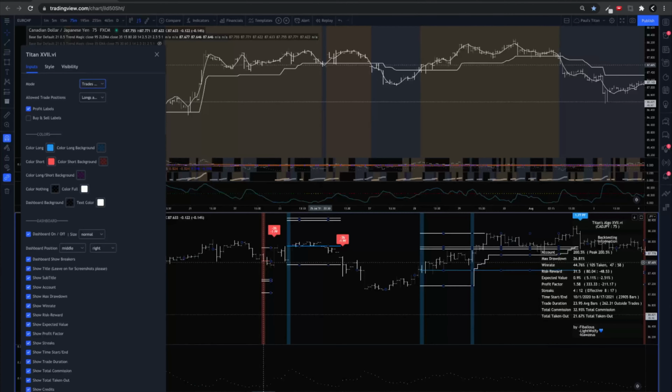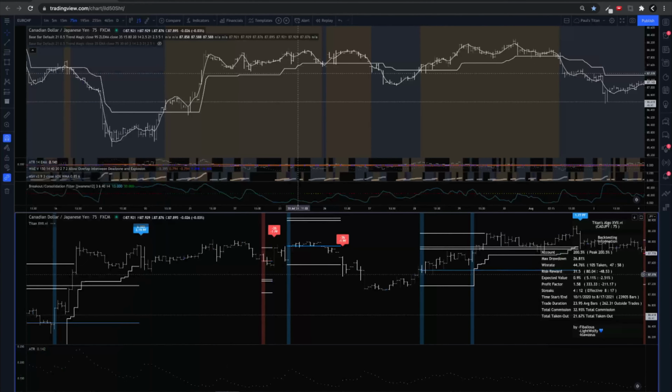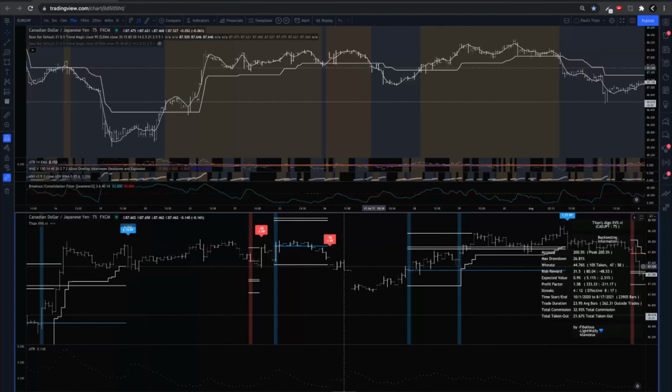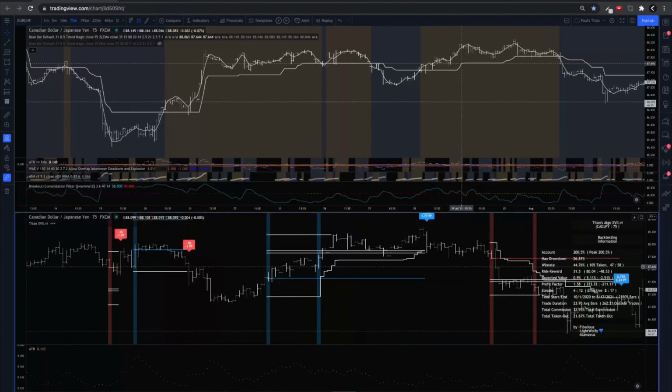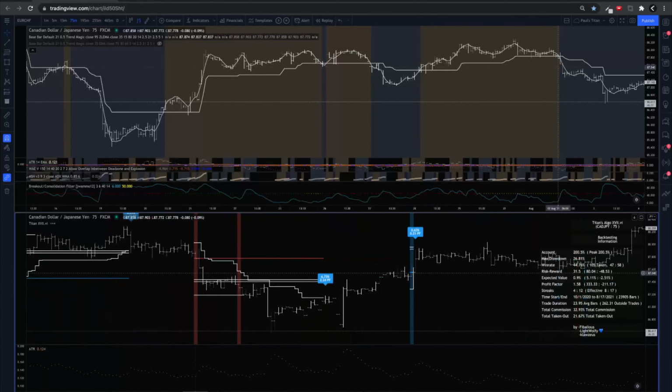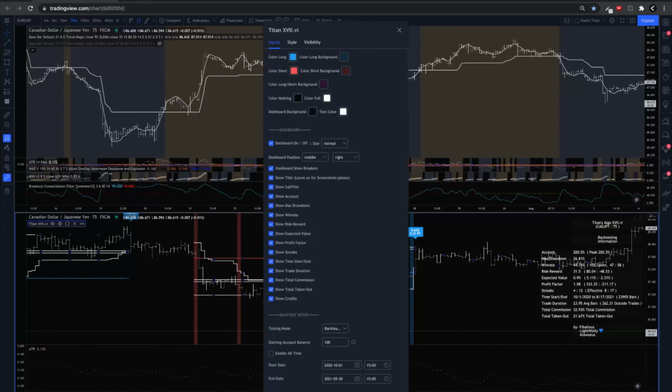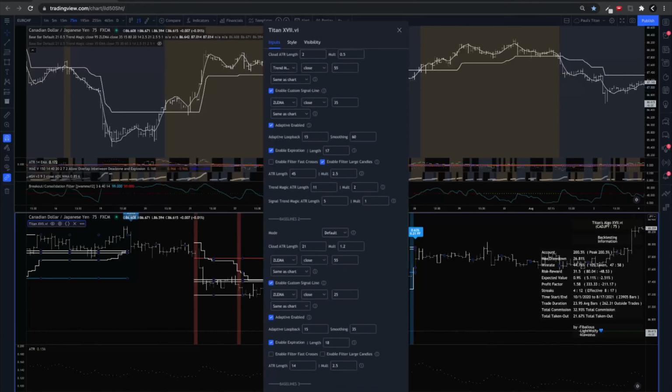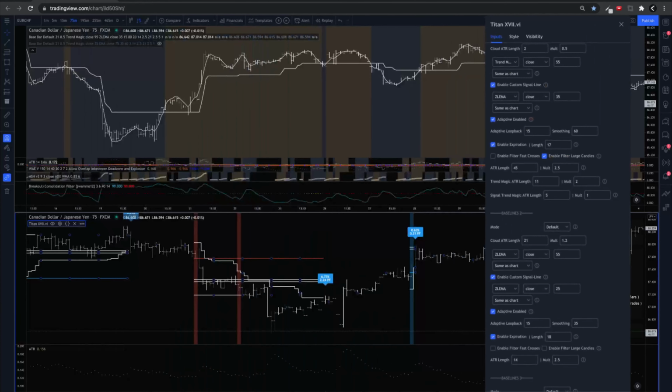Here's a trade that we definitely would not want to take. That might be my consolidation filter that can keep us out of that. Let's try it. Let's see what happens if I bring in the consolidation filter. Now we have to make sure the settings are good.